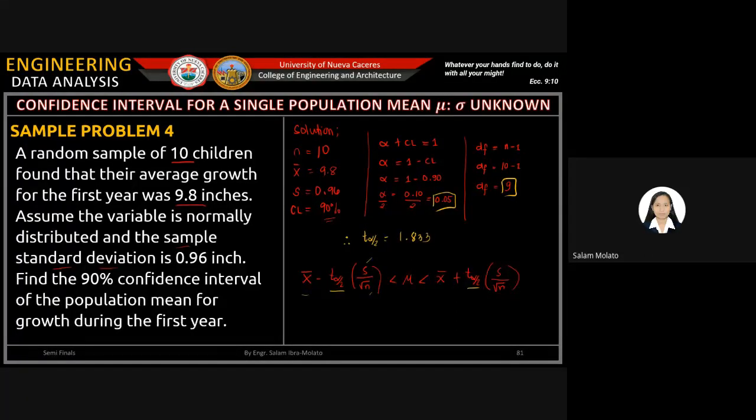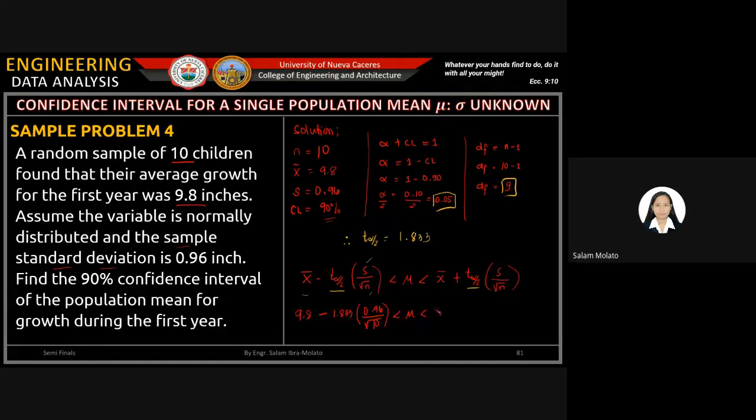So X bar daw is 9.8 minus T alpha over 2, yung nakuha natin, 1.833, multiplied by S. S is 0.96 over the square root of N. N is 10. That is the lower limit.